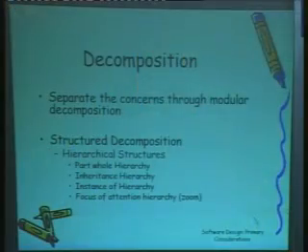So that is another way of decomposing the system. Another orthogonal perspective is that of focus of attention, zoom. You have a high level design and then you go to a lower level and zoom in on that, and you further zoom in. So you get this structured decomposition.